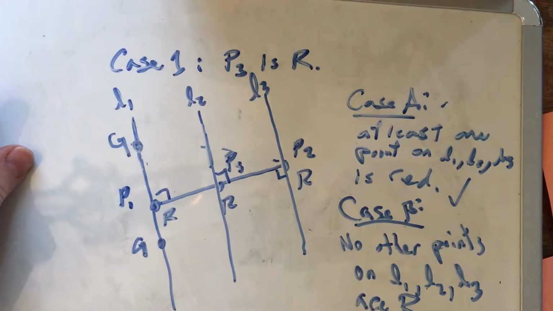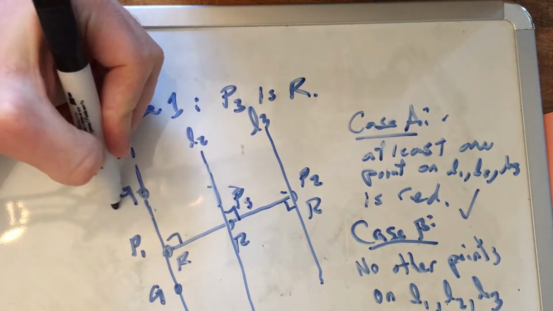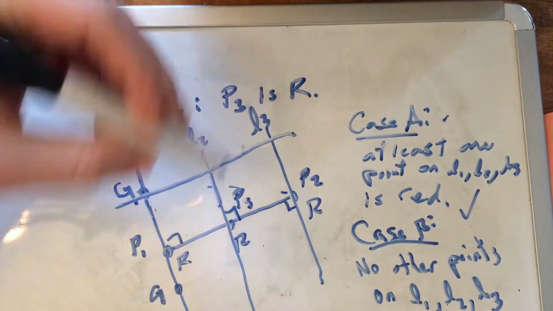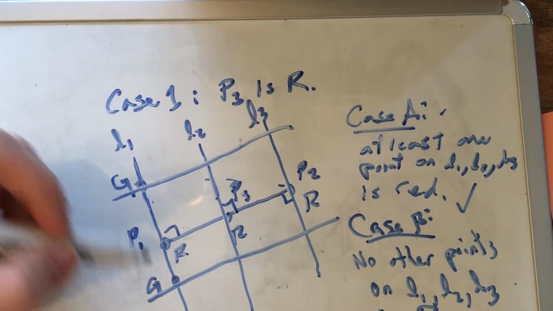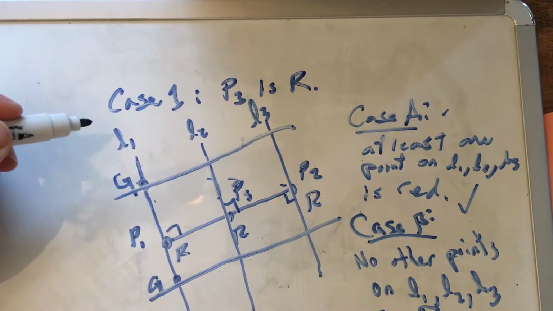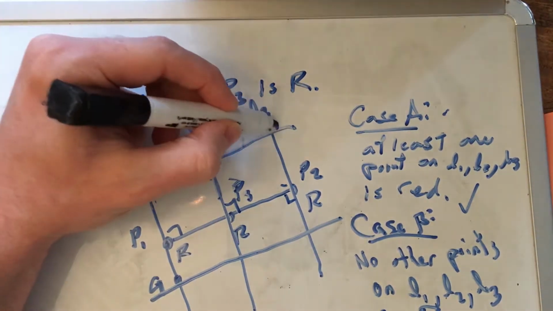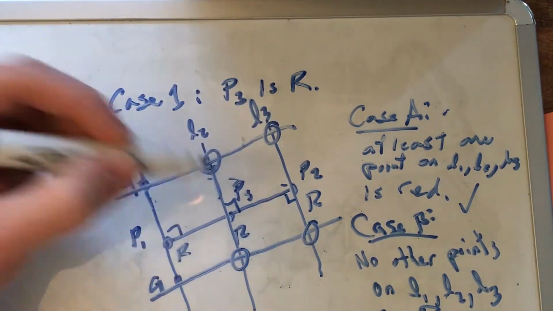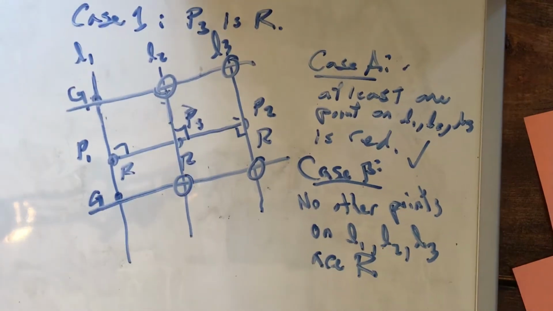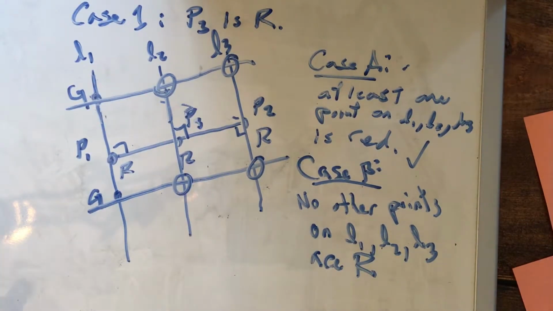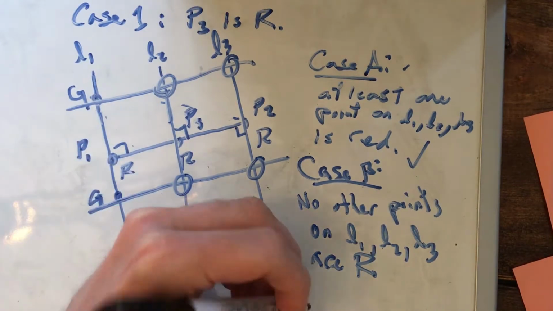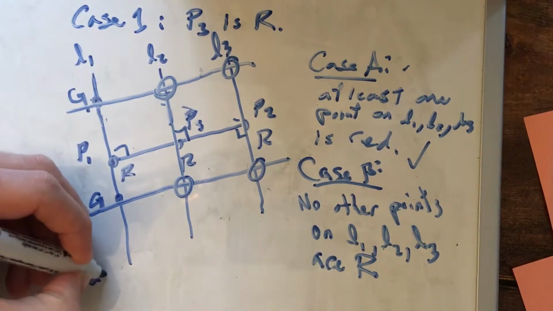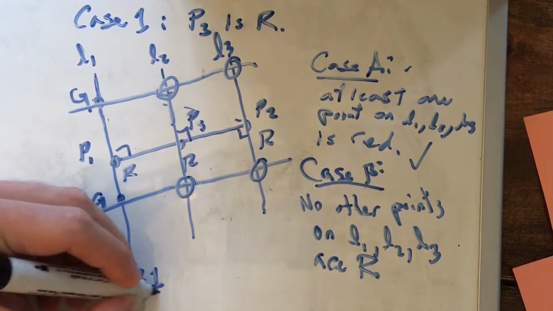Now here's what's really neat. If we take 2 new lines that are perpendicular to L1, L2, and L3, which means that they are parallel with this line segment, then we have these intersection points, and these intersection points bring in their own cases. So let's call this case B1.